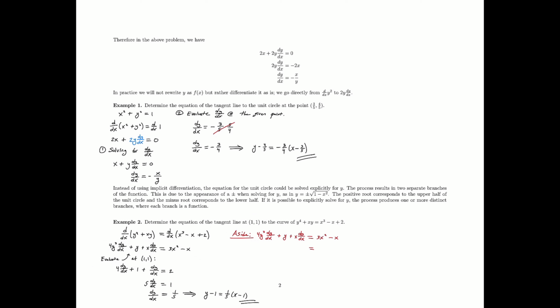Basically, what you want to do is find all the terms that have a dy/dx attached to them and keep those on one side. Send everything else to the other side. So you get all of your dy/dx terms on one side, and everything that doesn't have a dy/dx goes on the other side.